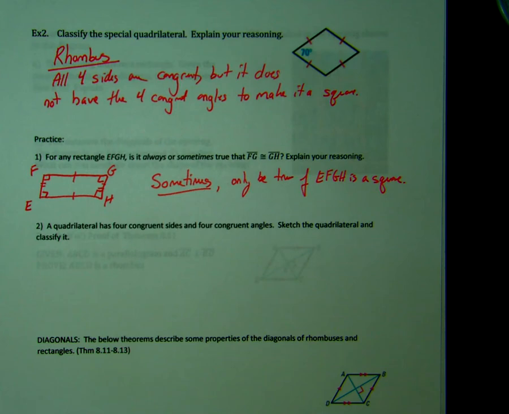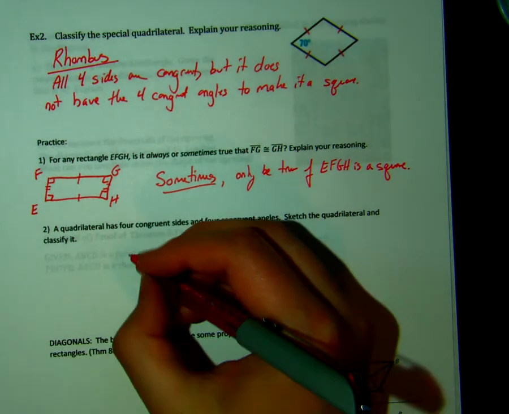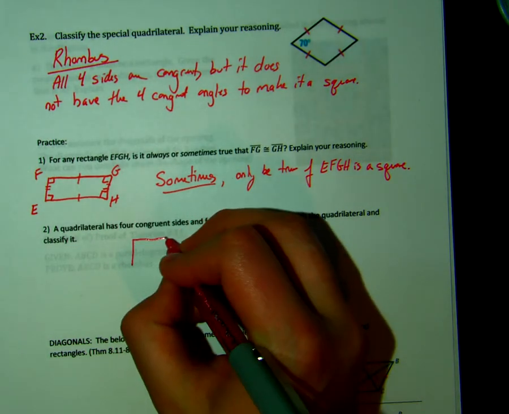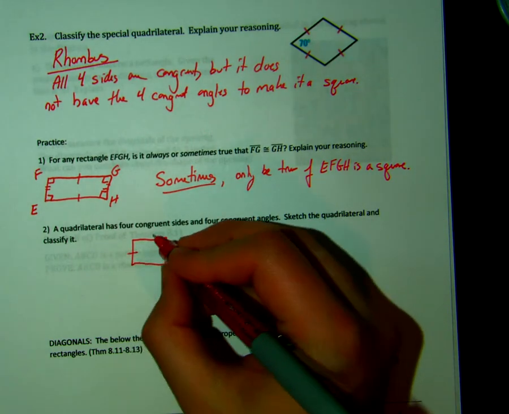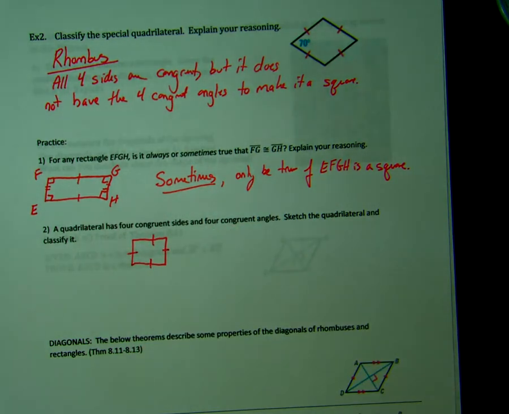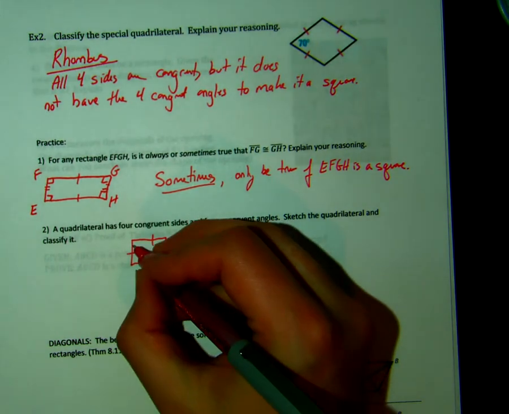All right, a quadrilateral has four congruent sides and four congruent angles. Sketch the quadrilateral and classify it. So if I have the four congruent sides, we know that it is at least a rhombus. Okay, and if I have the 4 congruent angles, right?